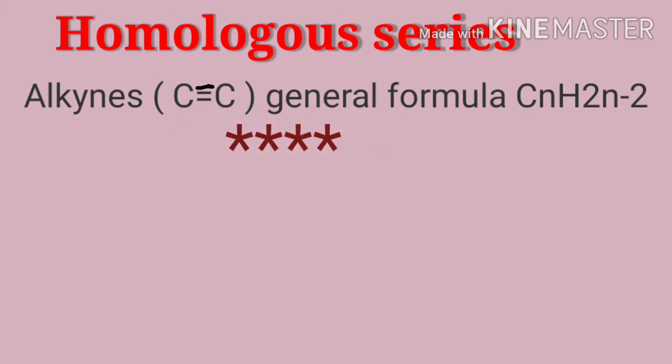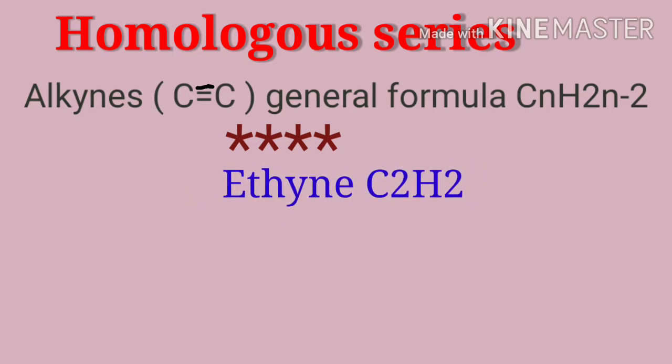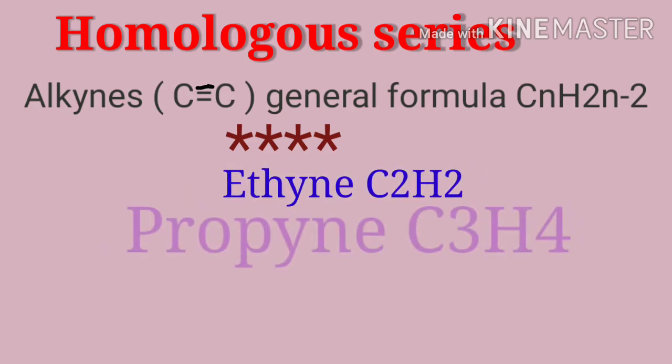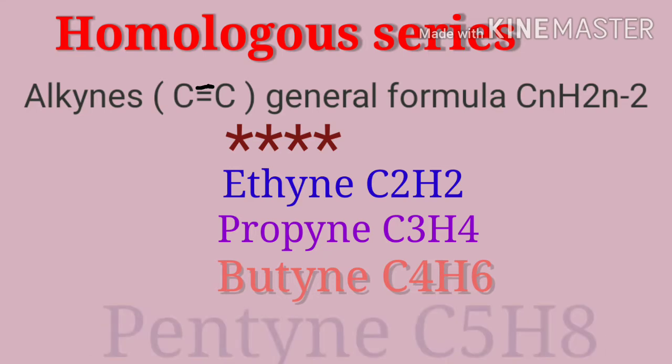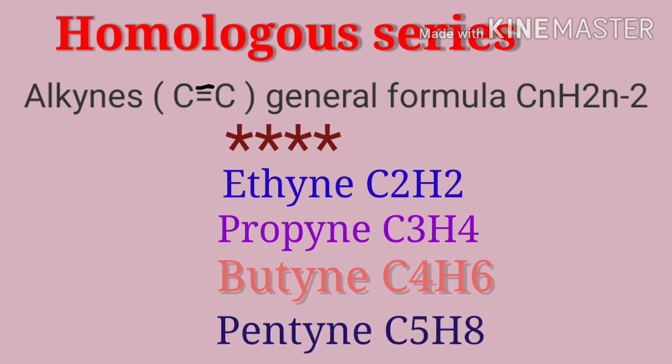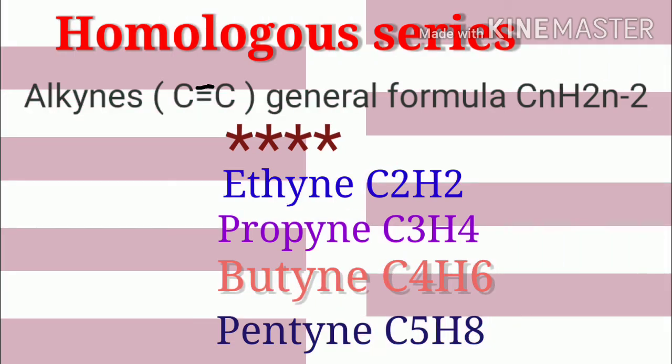So first member is ethyne with n is equals to 2, that is C2H2. Propyne with n is equals to 3, C3H4, butyne C4H6, pentyne C5H8. So first four members of alkyne series are ethyne, propyne, butyne and pentyne.